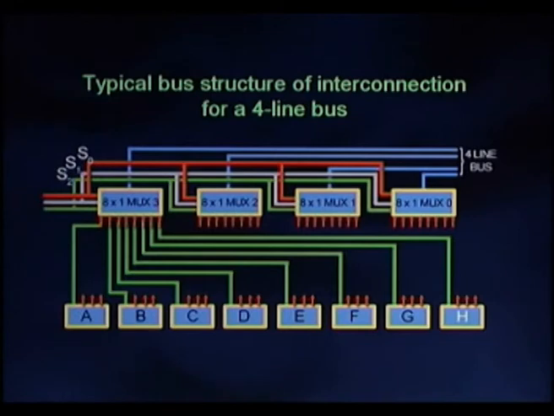The 4 outputs of each of the registers A, B up to H are connected to one out of the 8 inputs of these multiplexers as shown in the diagram. The diagram shows the interconnection of only one multiplexer, that is multiplexer 3.